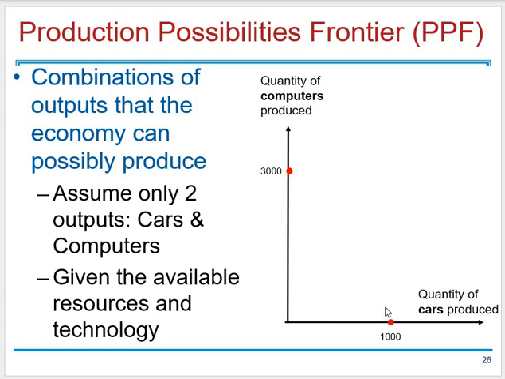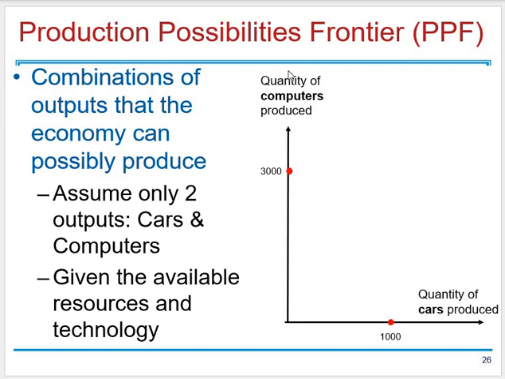Now let's talk about how to set up the PPF model, how to draw a PPF. We'll go by the example from the last slide. Assume we are a firm that produces computers and cars, and we make decisions between how many computers and how many cars we shall make.